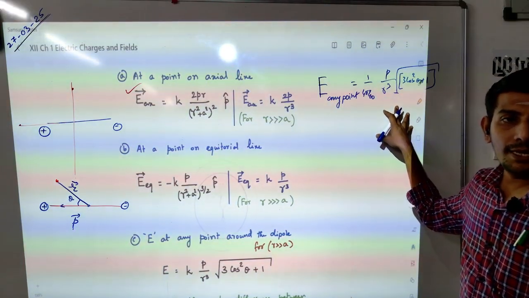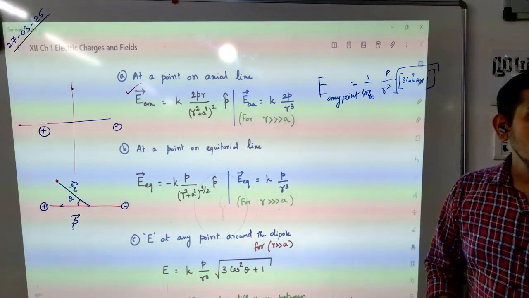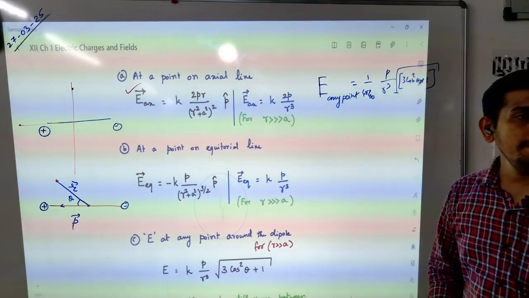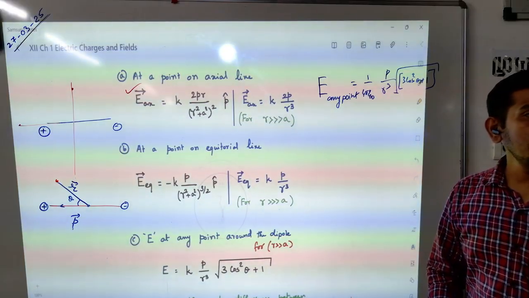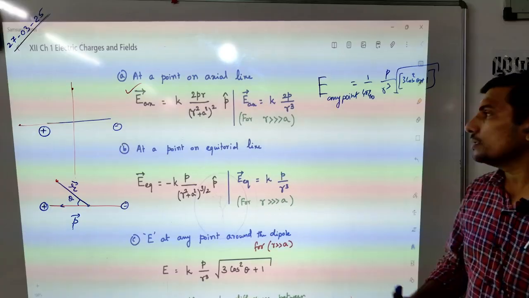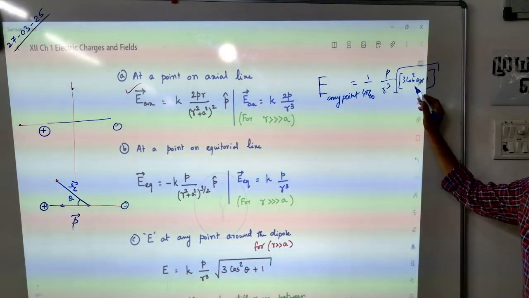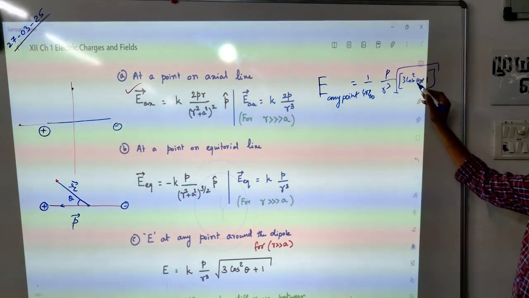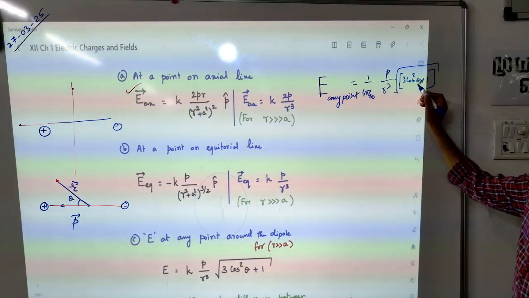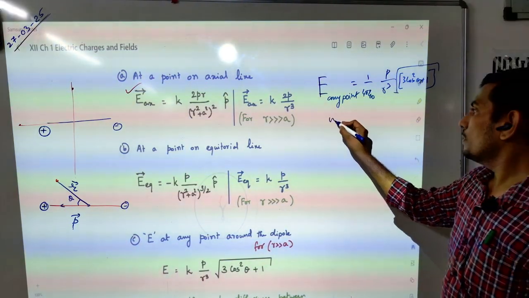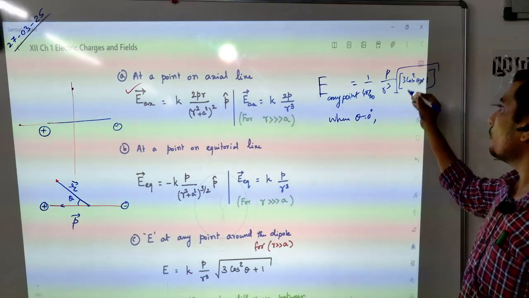Suppose you take the axial line. For the axial line, what is the angular difference between the P vector and the R vector? Either it could be 0 or it could be 180 degrees. So cos square theta will always be 1. When theta is equal to 0 degree, what will happen here?